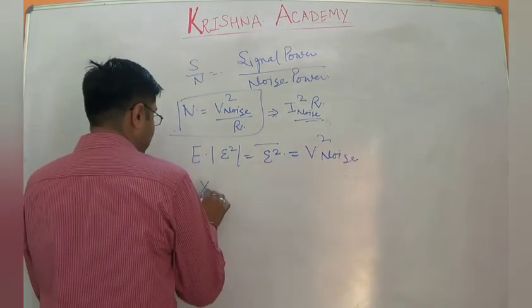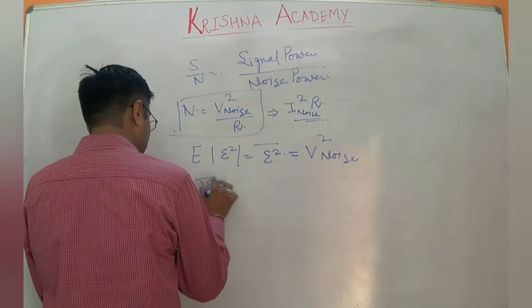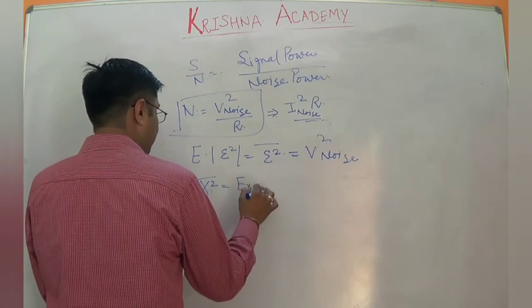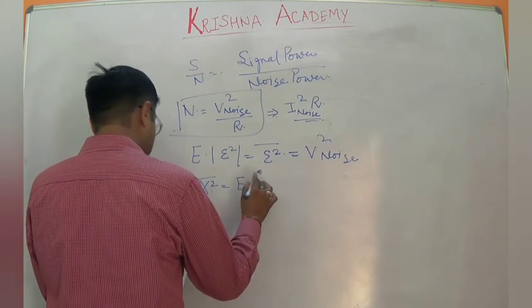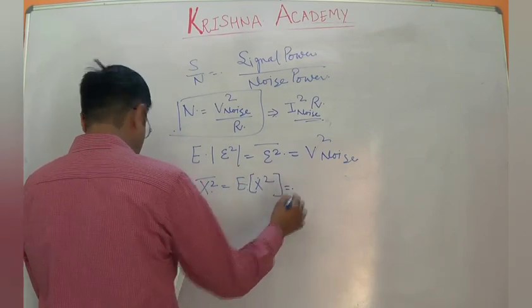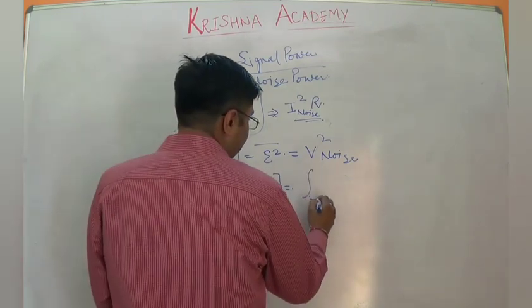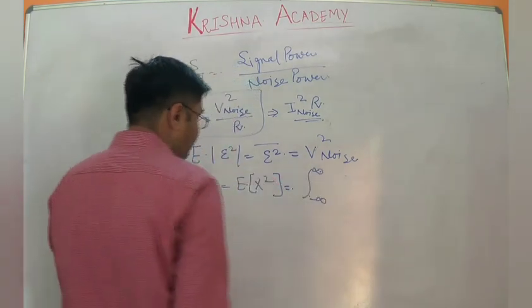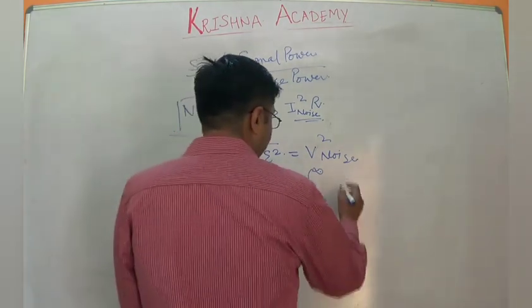Now this x square equals... if we are talking about this equation, it is the linear function or uniform distributed function.